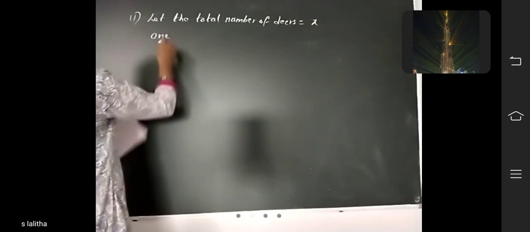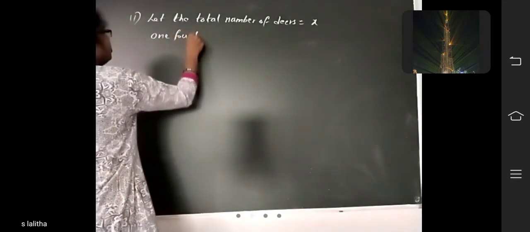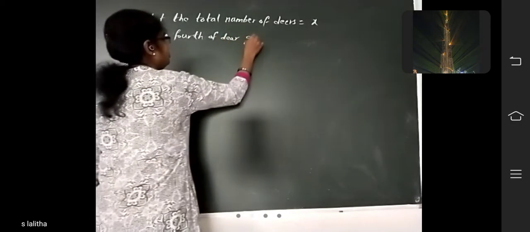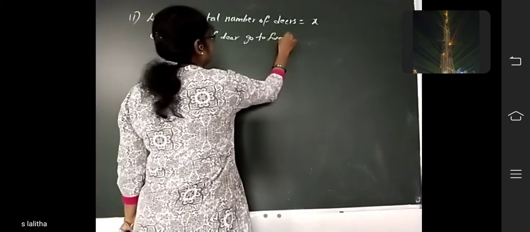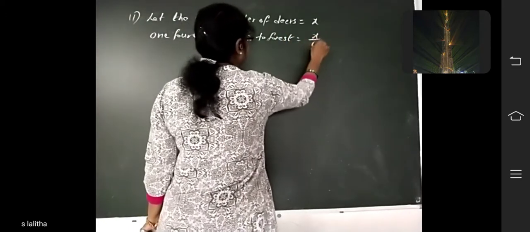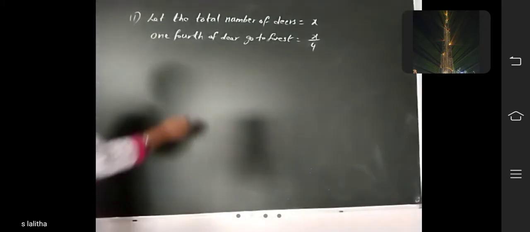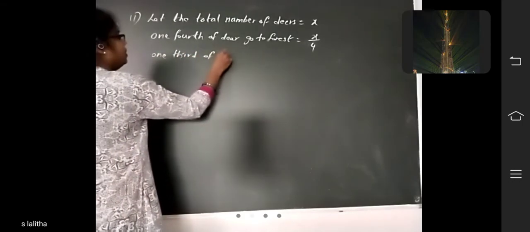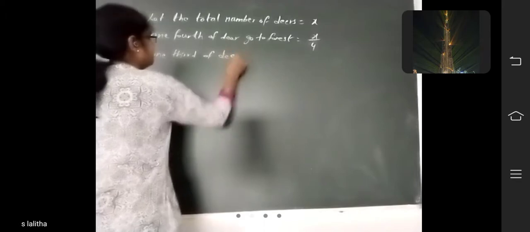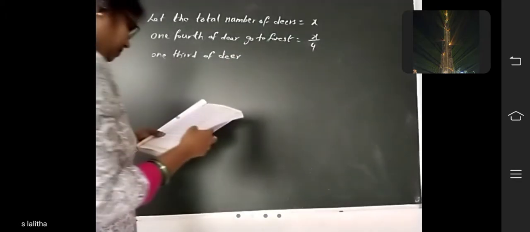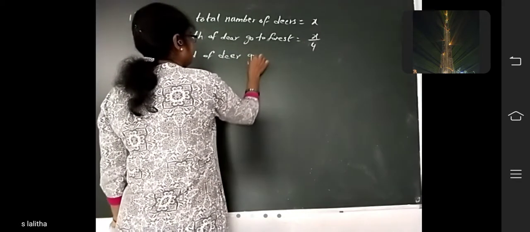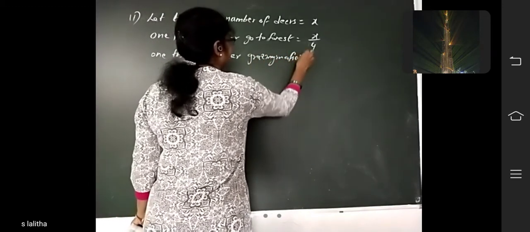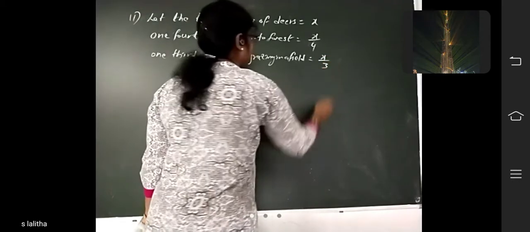1/4 of deer go to forest. So that means x by 4. Next, 1/3 of deer grazing in a field equal to x by 3.